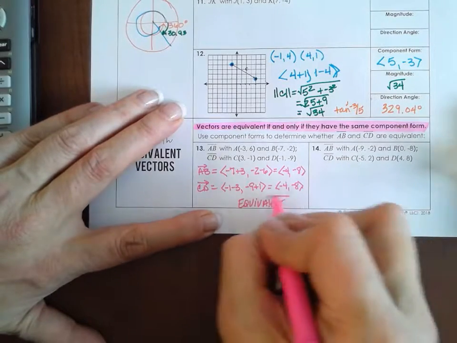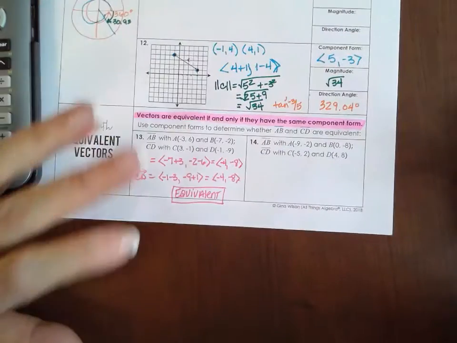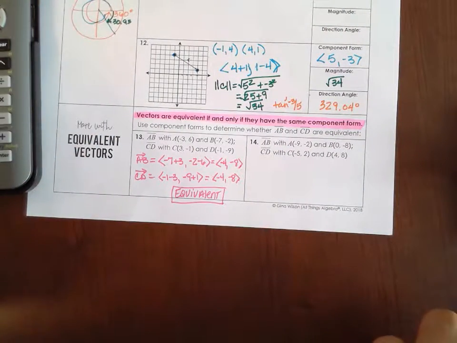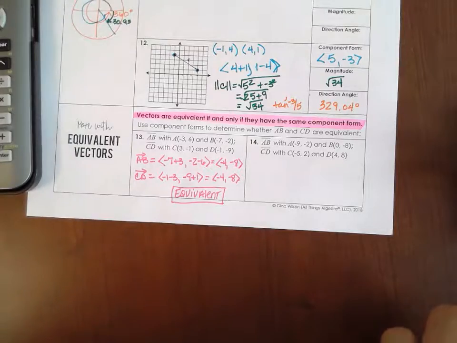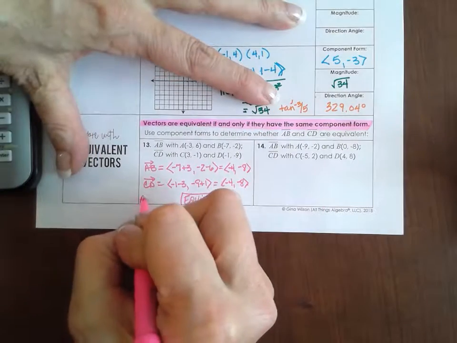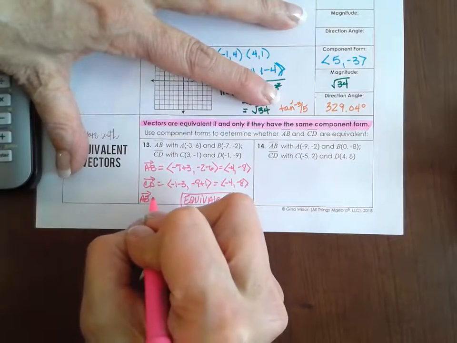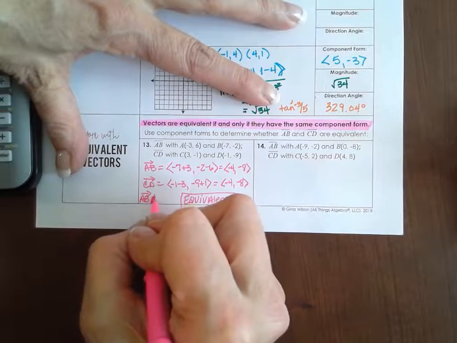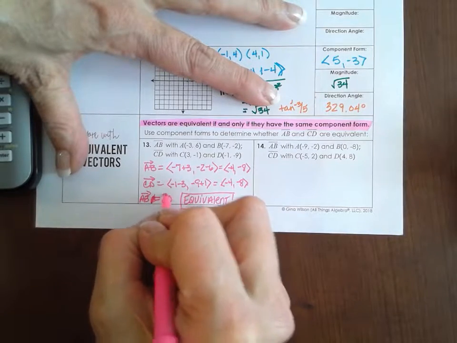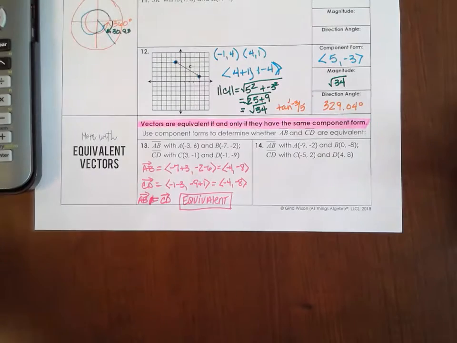And isn't that a whole heck of a lot easier than doing a whole bunch of calculations? So I can say that vector AB is equal to vector CD. Good?